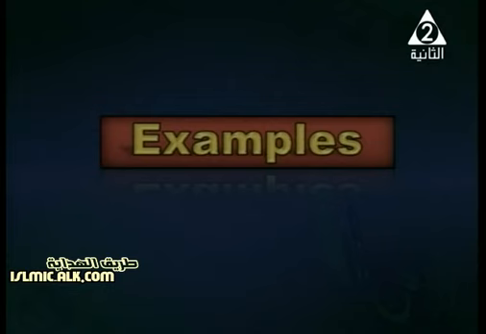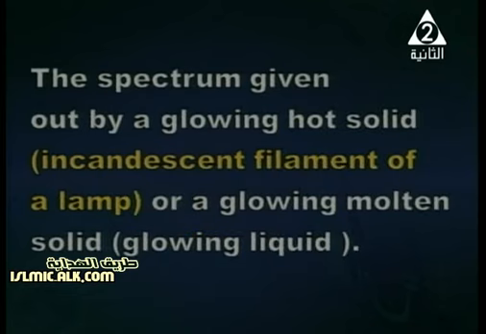Examples for continuous spectrum. The spectrum given out by a glowing hot solid object, such as the incandescent filament of a lamp.